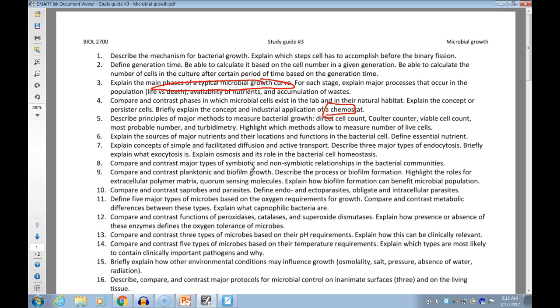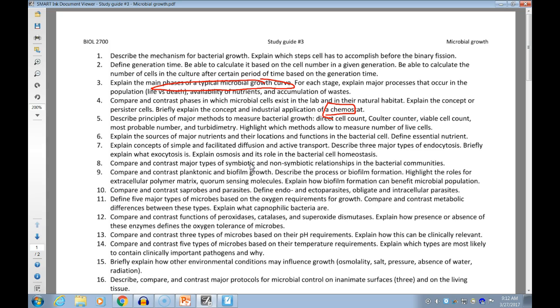So, continuous growth. Measuring bacterial growth, we discussed it. You have to understand the basic principles, whether we're counting viable cells or total cells, whether we're counting cells at all, like in the case of turbidimetry, where we don't. We measure optical density. Okay, so be able to tell them apart.